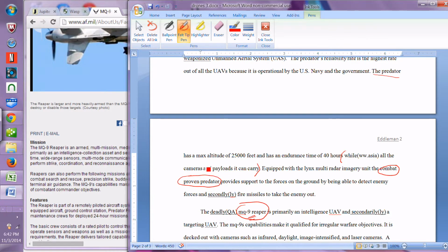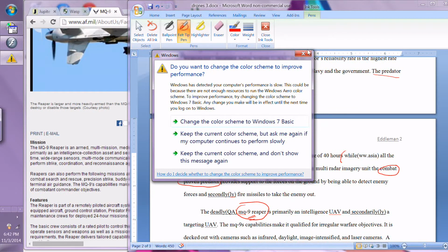While all the camera and payload it can carry are loaded, we still need something after this. The Predator has a maximum altitude of 25,000 feet and has an endurance time of 40 hours, while all the cameras and payload it can carry.